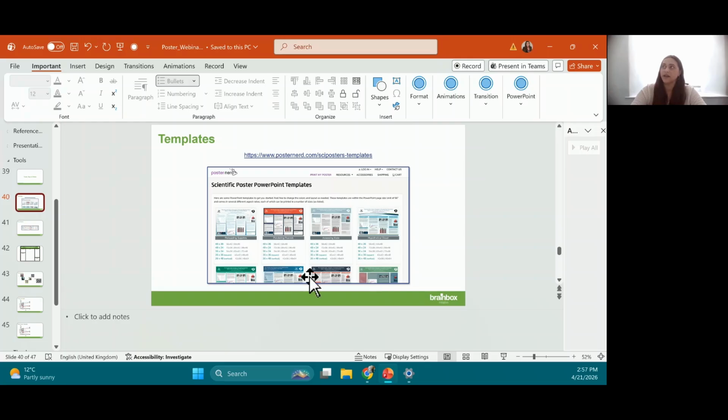But this is a good way to get a poster PowerPoint template that's a large size. It is real size, so the file's really large, be warned. But that's crucial for when you're printing out the poster. It needs to be the correct resolution. So yeah, this is a good template website.